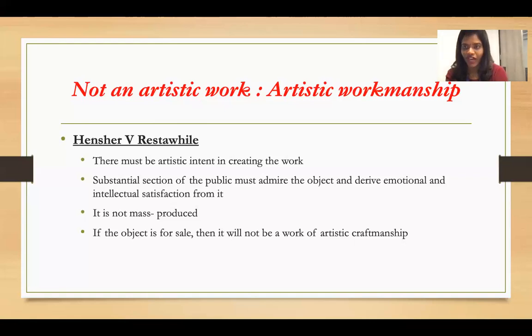So in the case of Hensher, they have established that you must show that you have an artistic work. When we speak about artistic, you must show that when I am creating this design, I had an intention to make sure that this is artistic in nature. Example again, I'm going to use where I came up with this vase. I am going to make sure that this vase has an artistic nature.